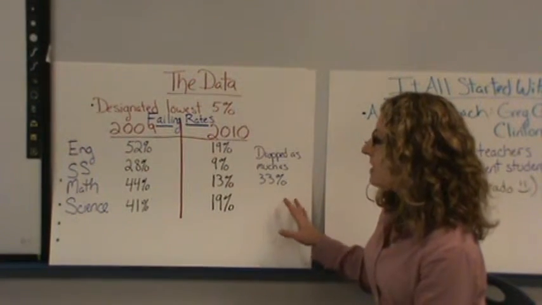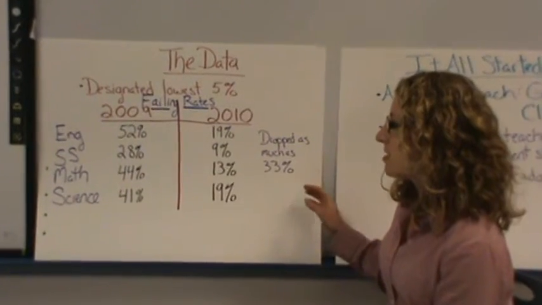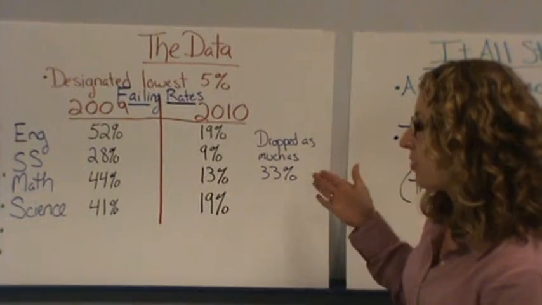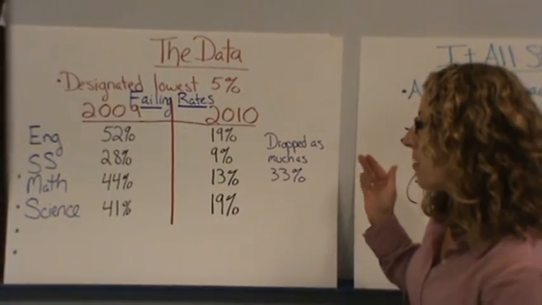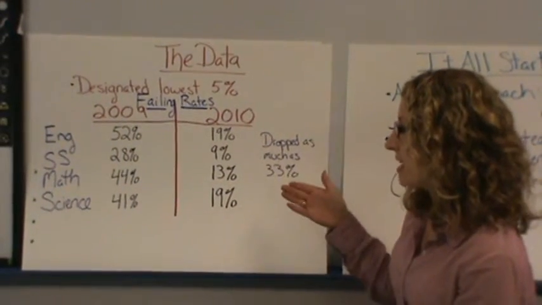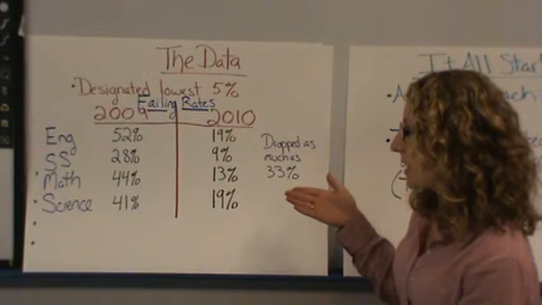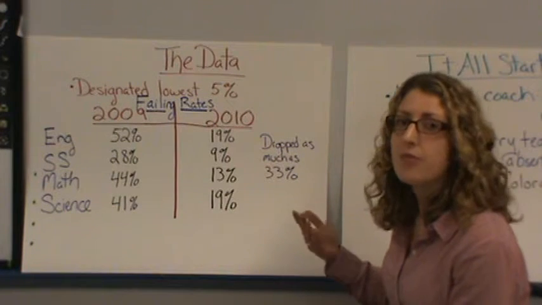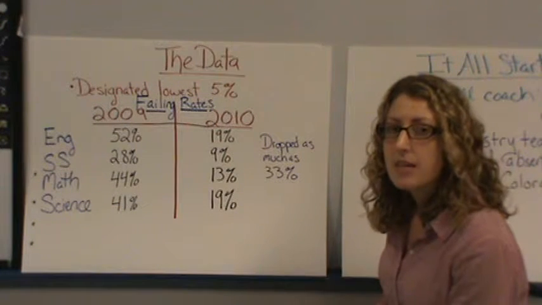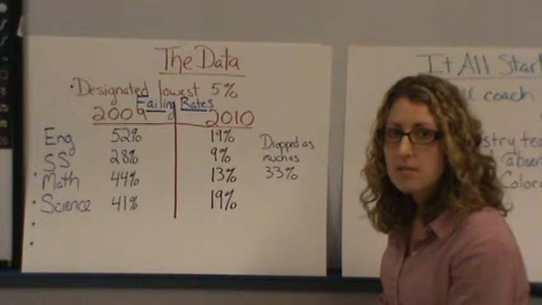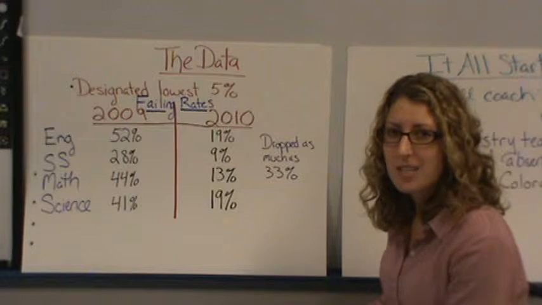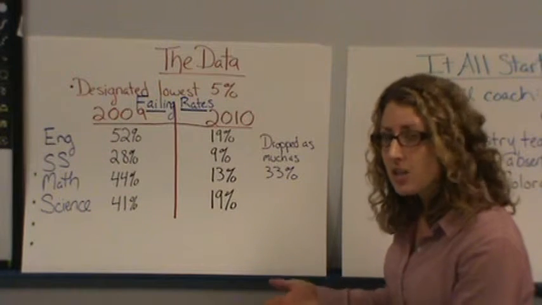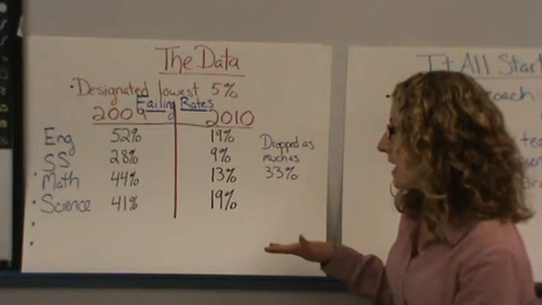So going back to that data from the Clinton-Dale School, what happened was that they found that the failing rates drastically improved. We went from 2009, where we were designated as the lowest 5% of schools, and then they implemented in the fall of 2010 the flipped classroom just in the subject of social studies, and then they were having so much success and the students loved it so much that they changed it to be all of the grade 9 kids.